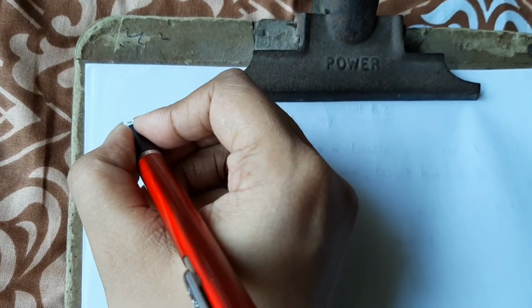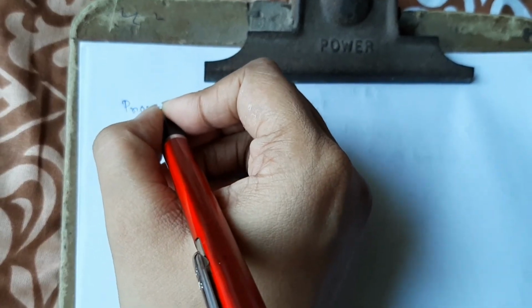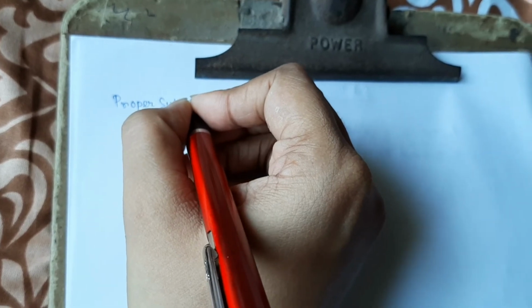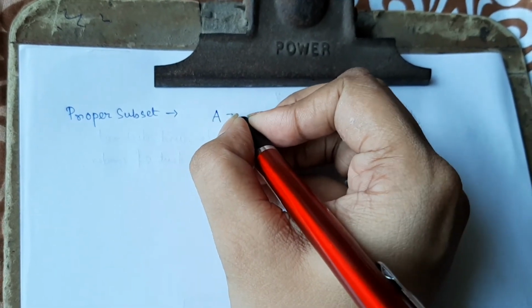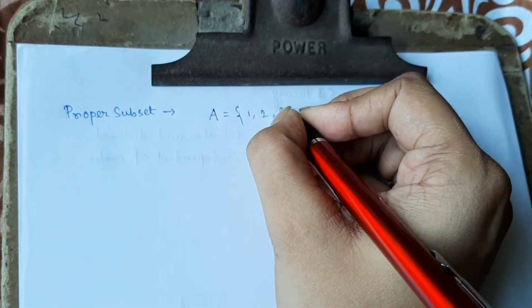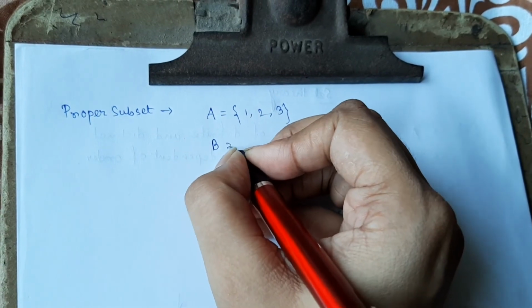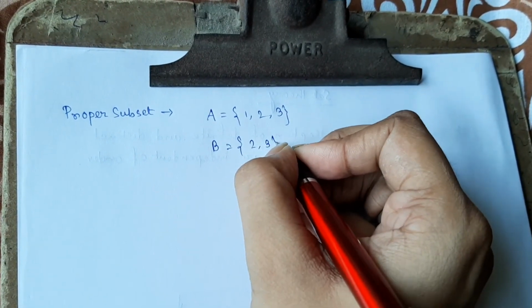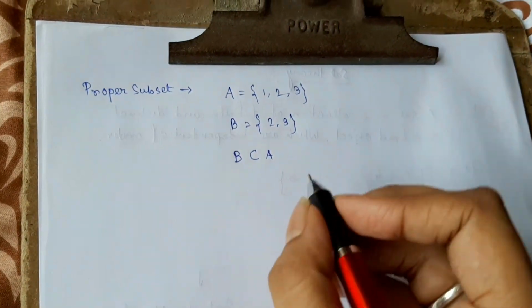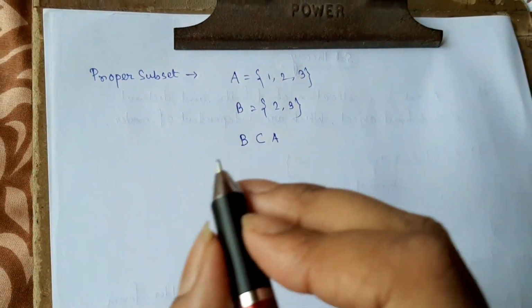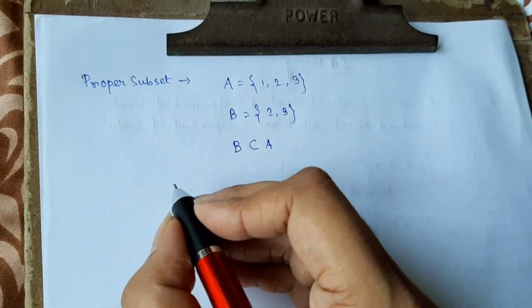Next is proper subset. What is a proper subset? Let us take an example. A equals 1, 2, 3, B equals 2, 3. Here B is the proper subset of A. What is the difference between subset and proper subset?